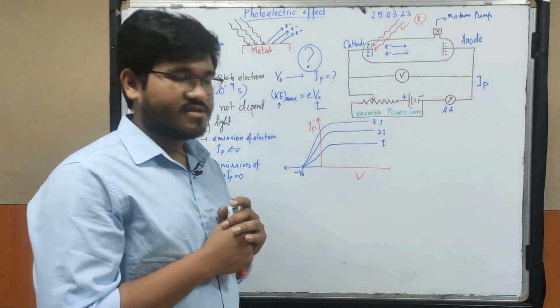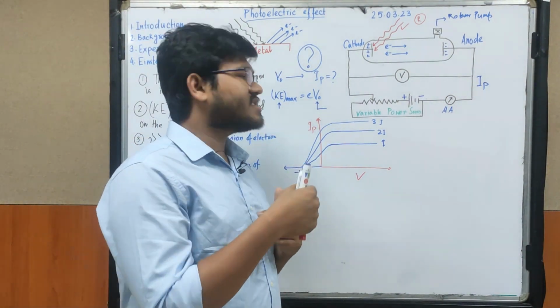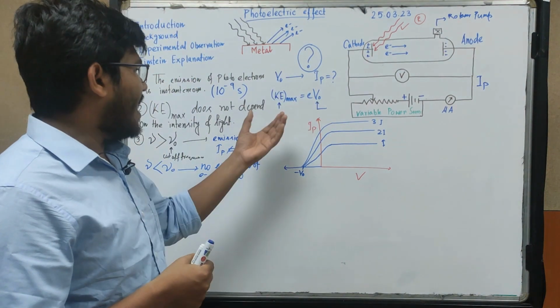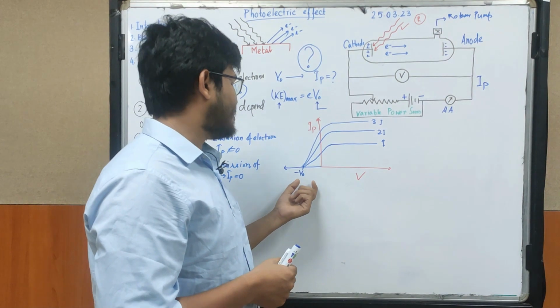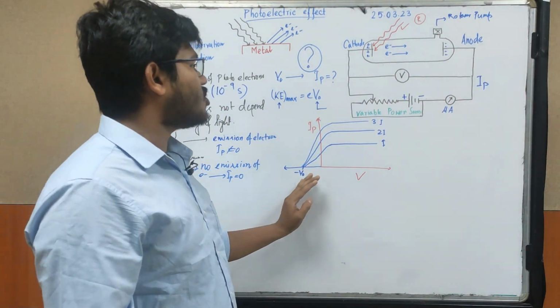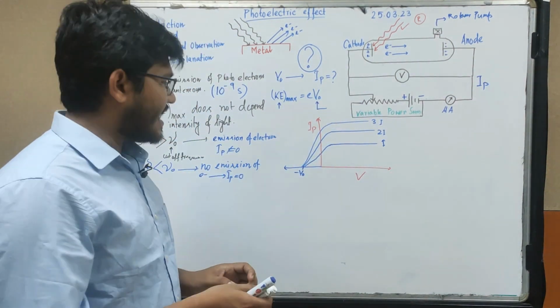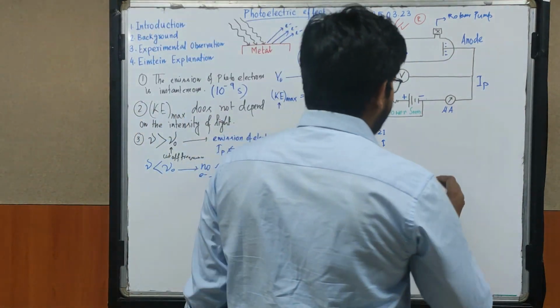So this is the case. The observation is, if the intensity is more, current will be higher, but their kinetic energy max will be the same. So the stopping potential will be the same. So stopping potential does not depend on the intensity of light. This is another observation.